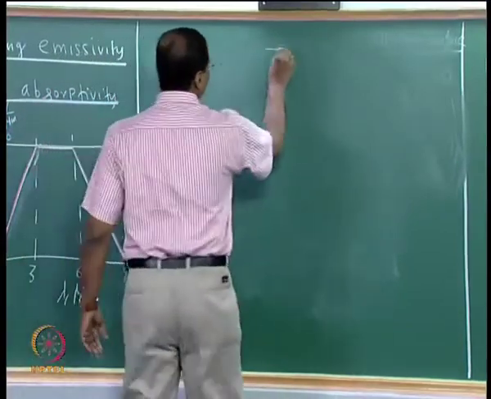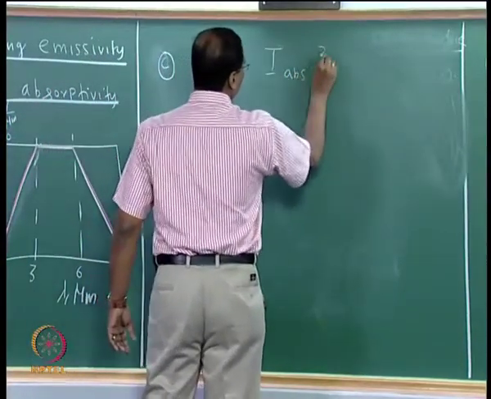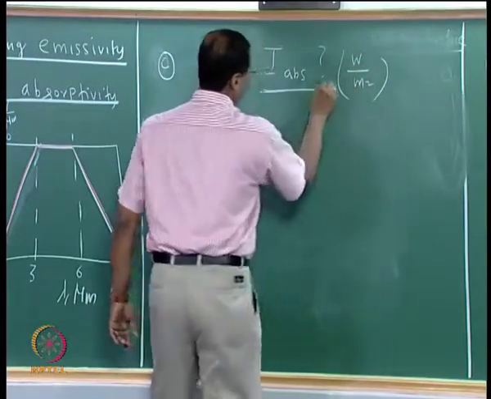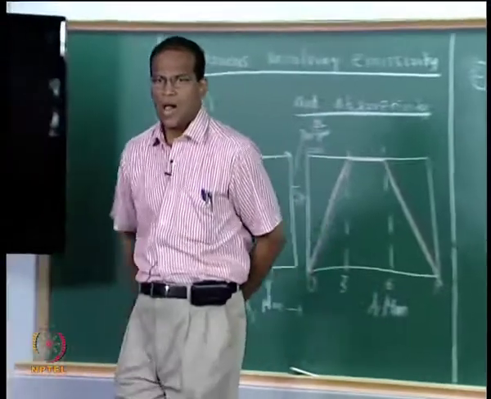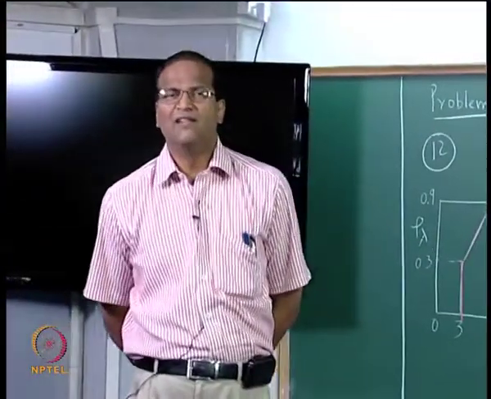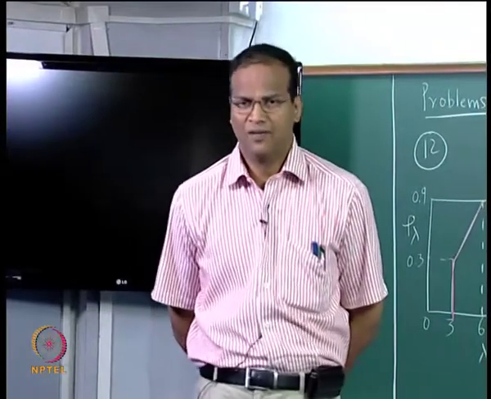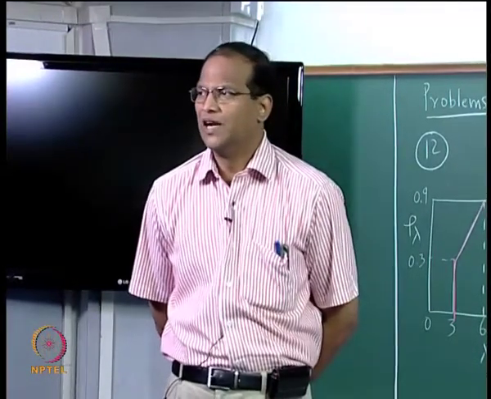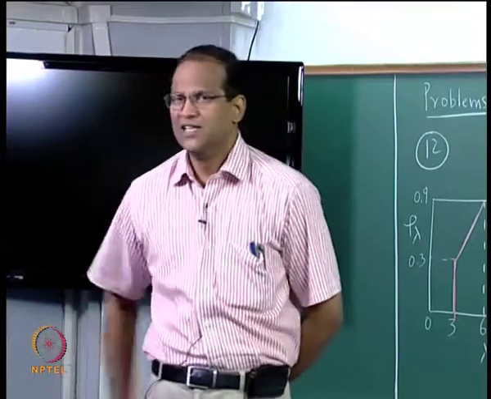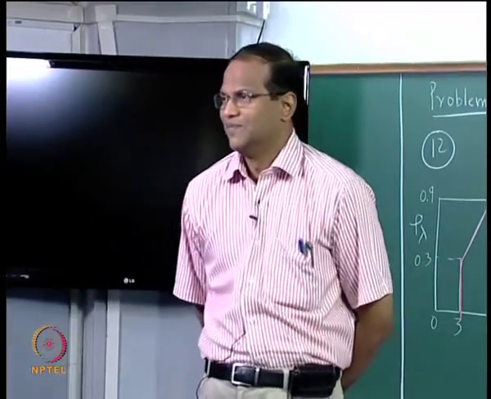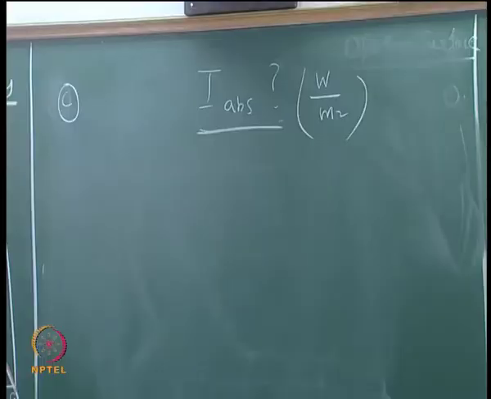I absorb. What is I absorb? Then for D I will just divide I absorb by I incident, that is all. Okay, systematically we are doing it, without the individual parts quickly you can do it, but this is in stages you will do it, so that you can also get step marks. Okay, so I absorb, please tell me.